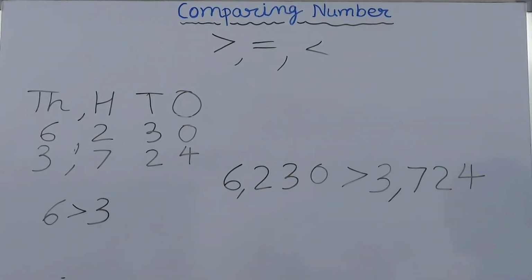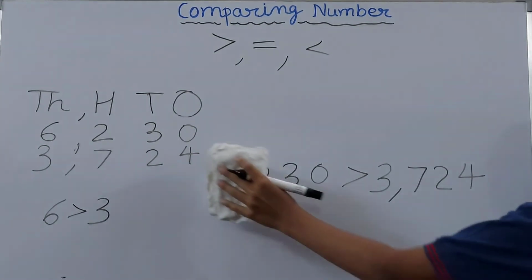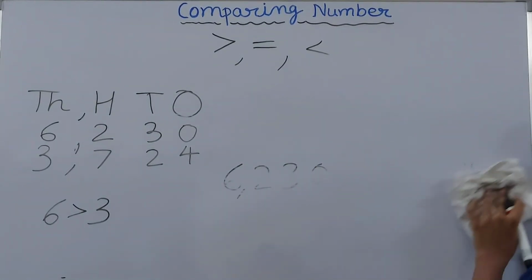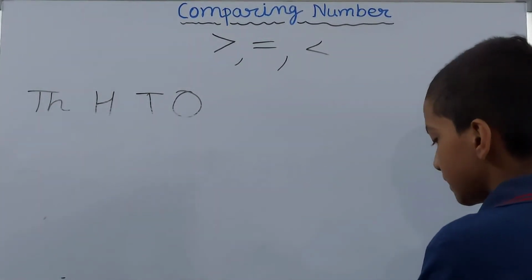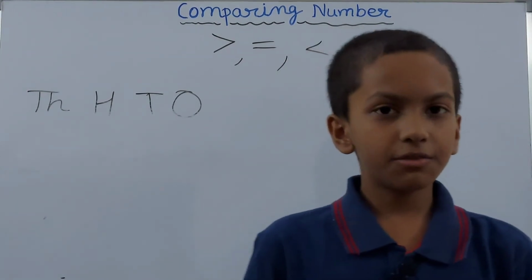So you can see over here that 6230 is bigger than 3724. So friends, this much for today's video.